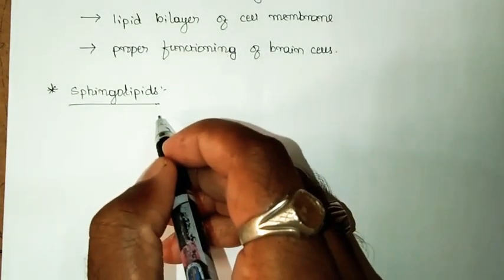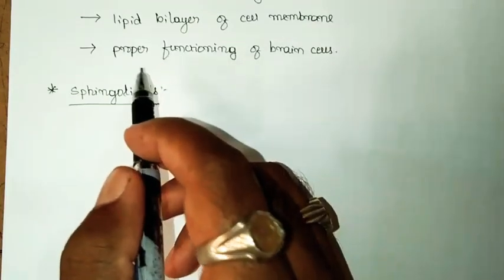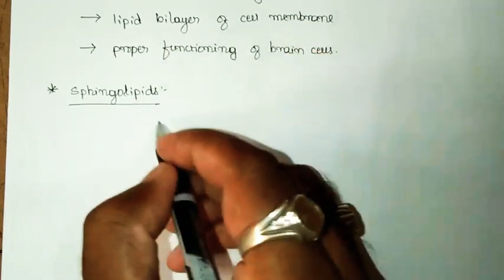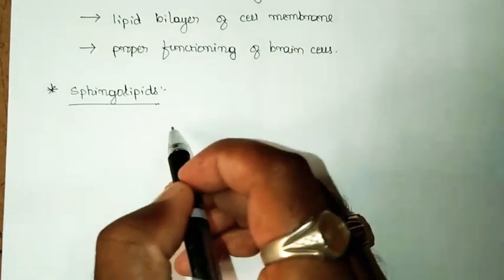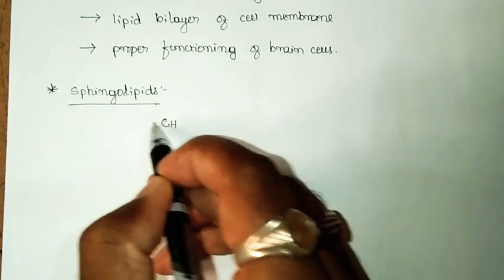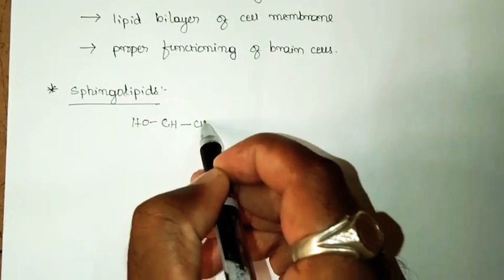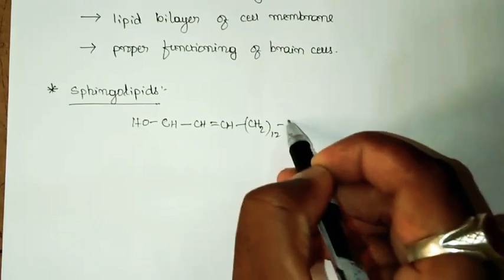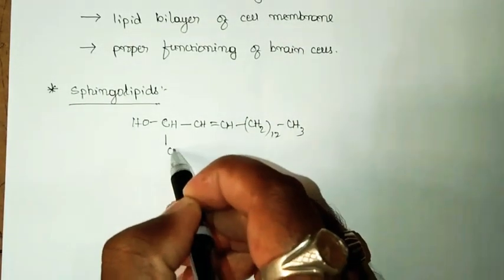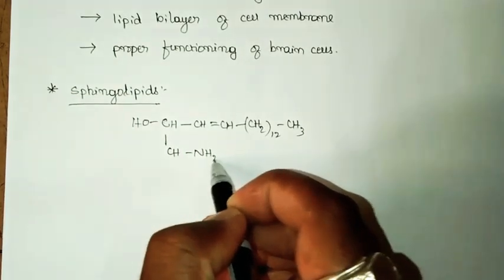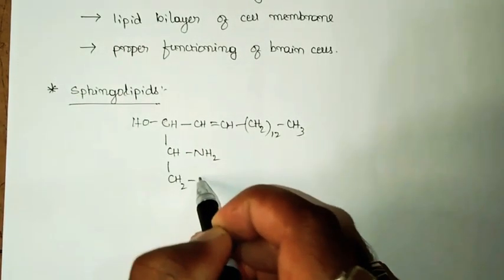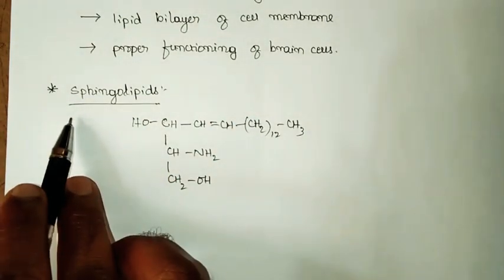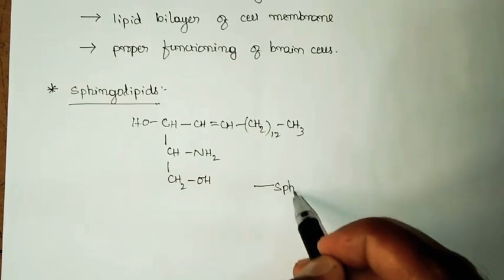As I said, it is an amino alcohol, consisting of both an amino group as well as an alcoholic group, with 18 carbon atoms in total. Sphingosine has the structure: CH double bond CH 12 times, CH3 CH, the amine group, and once again CH2 OH. This is the simplest way of writing the structure of sphingosine.